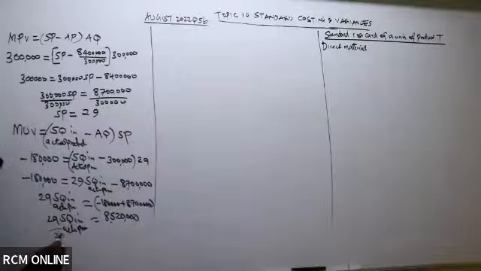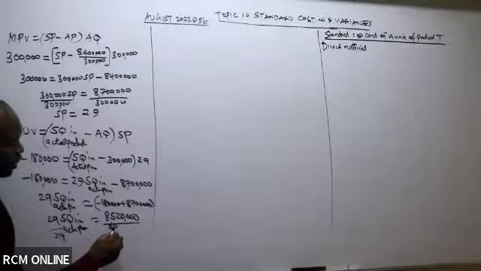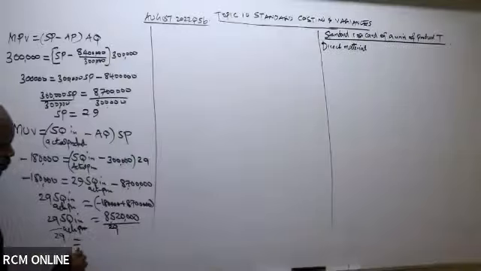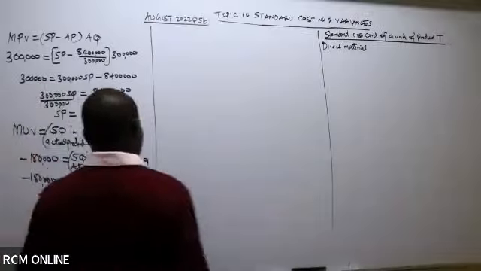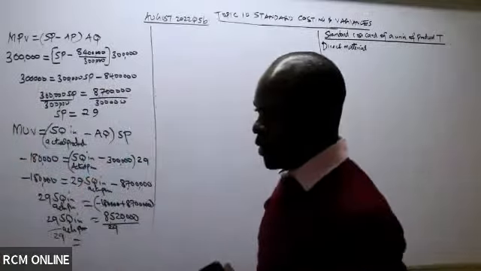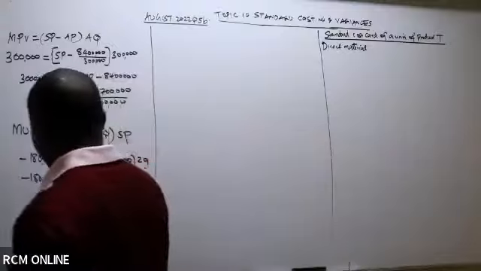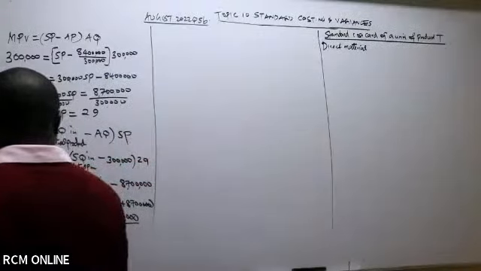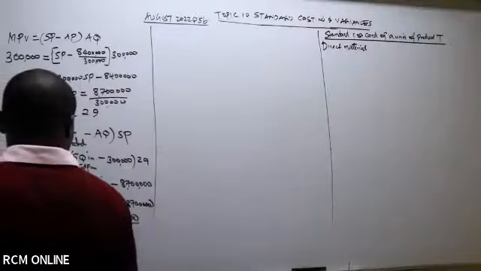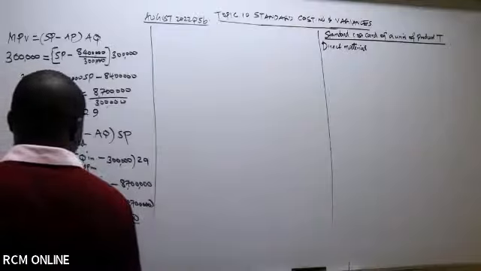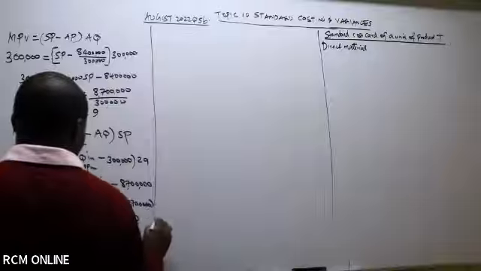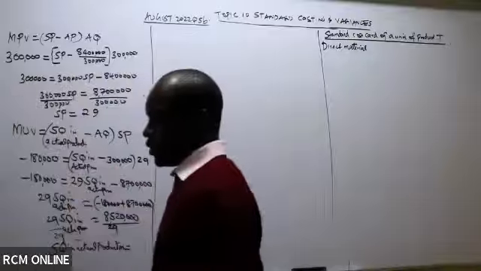Divide both sides by 29. What are you getting? Standard quantity in actual production.